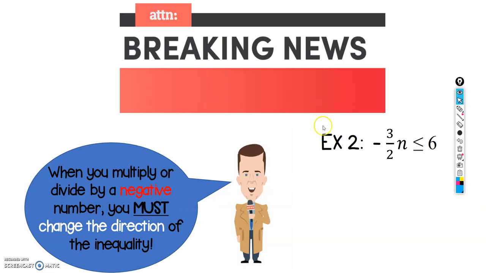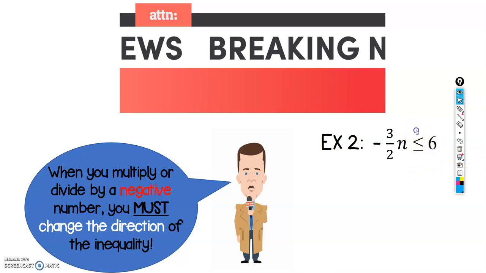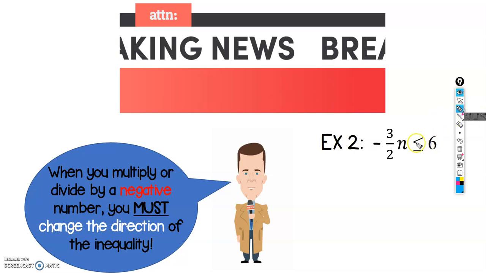So let's see what that looks like over here. Let's make this a bit smaller. I'm going to go ahead and draw my wall, if I have my pencil here. And I notice that I have a fraction. This is multiplication. When I have a coefficient and a fraction, I am actually multiplying here. The opposite of multiplying is dividing.